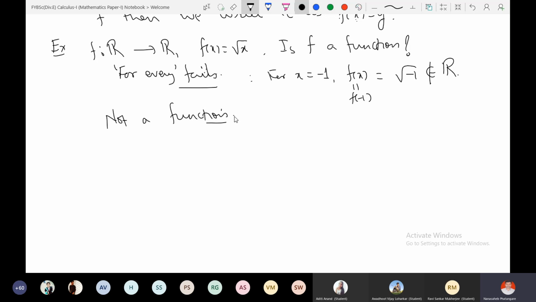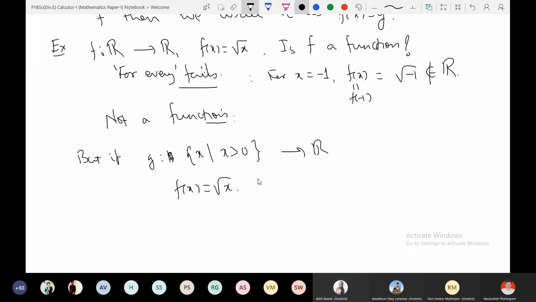And therefore, only giving an expression or formula doesn't mean that it is a function. You should think about what is the domain and what is the codomain. But if I define g from positive real numbers, x such that x is positive, to R, and f of x is equal to root x, now is it a function?